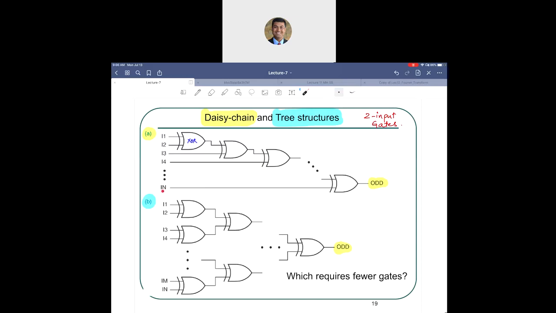If IN changes, this input changed immediately. However, the other side of the input, it's going to take a long time to reflect that at the input of the final exclusive OR gate, which means that there could be some problems due to the gate delays of the exclusive OR.